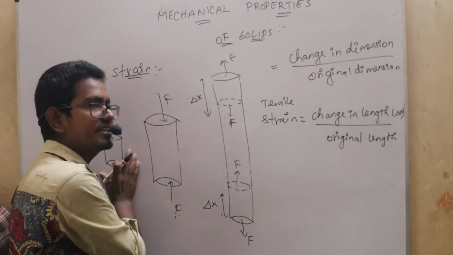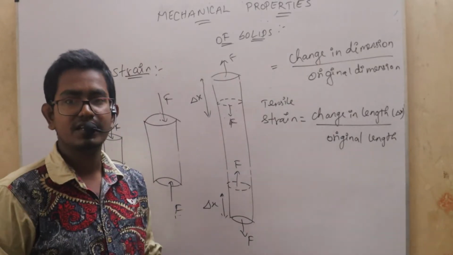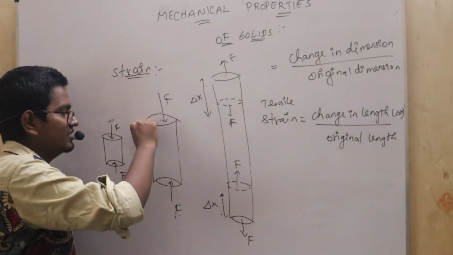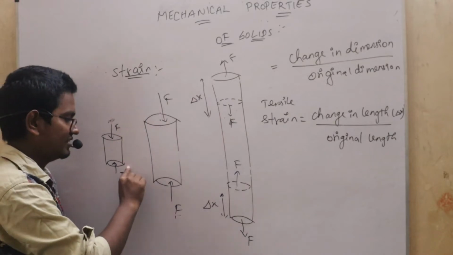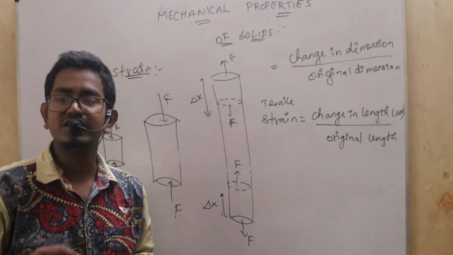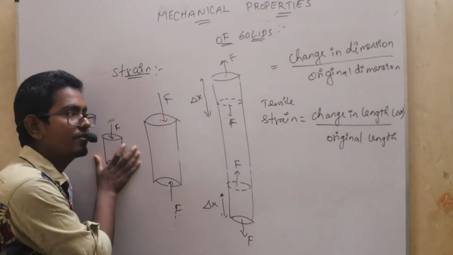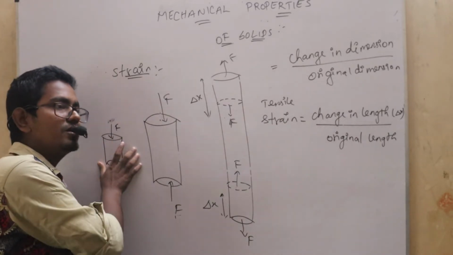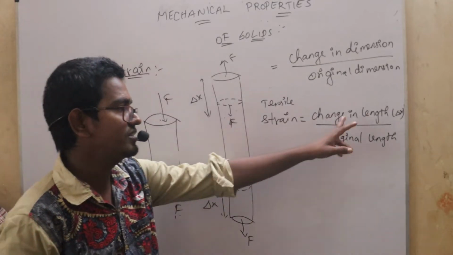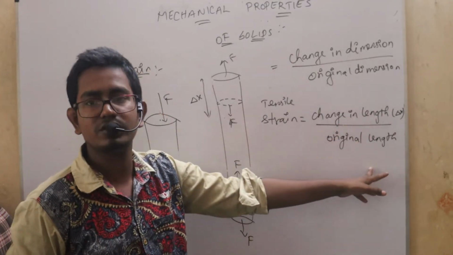As the rod size is getting reduced, we can observe here too the change in the length. The length has been reduced right now. So for the compressional strain, the formula is going to be the same: the change in length upon original length, or you can say the ratio of the change in length upon original length.